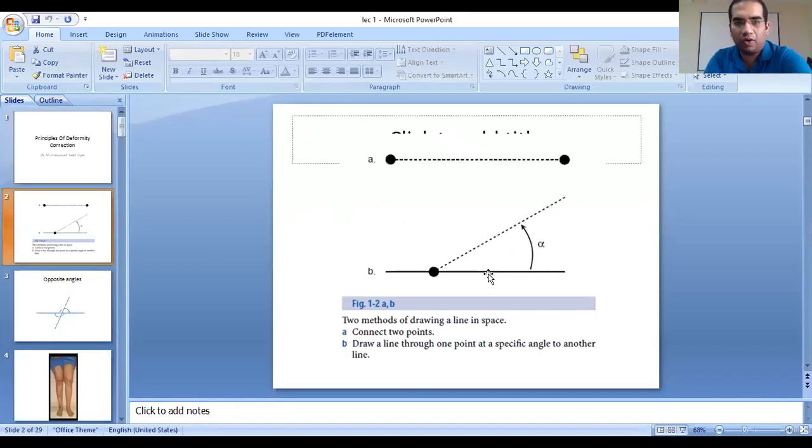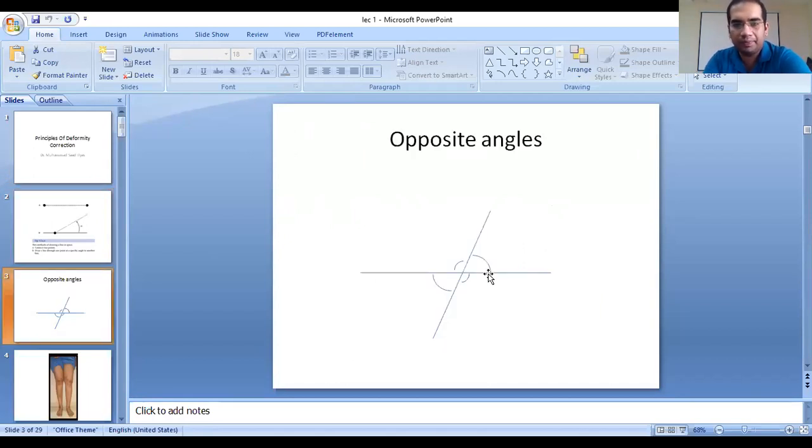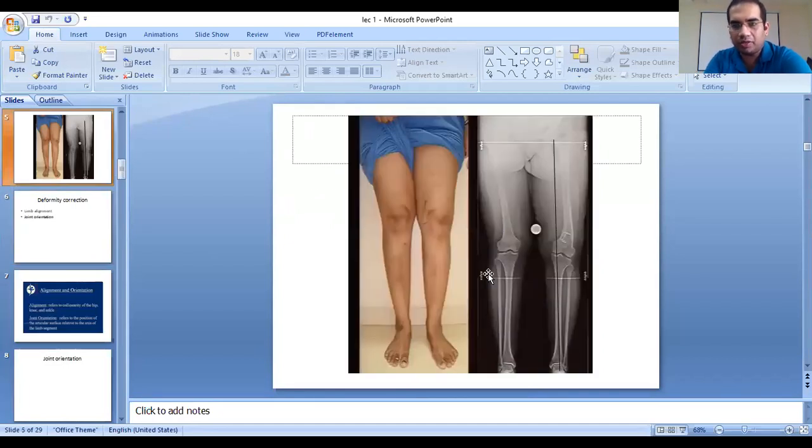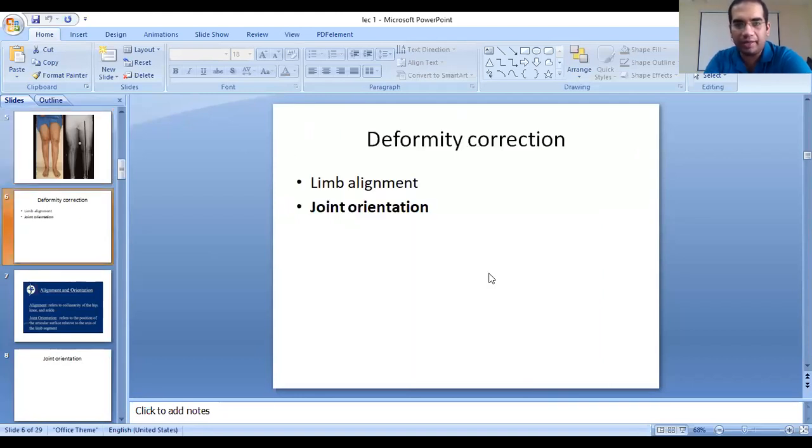What we have learned so far is the rule of how to draw a reference line, rule of opposite angles, joint orientation, and the importance of joint orientation. In today's session, you will come to know how we are going to correct the joint orientation and limb alignment.